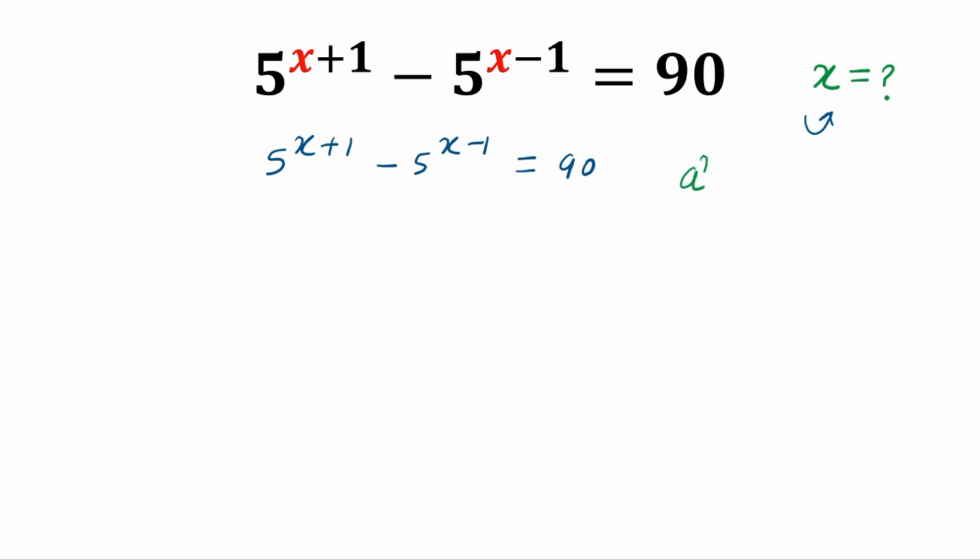A power m plus n is equal to a power m times a power n. Here the base is a, and m and n are powers. So we can write this expression as a power m times a power n.